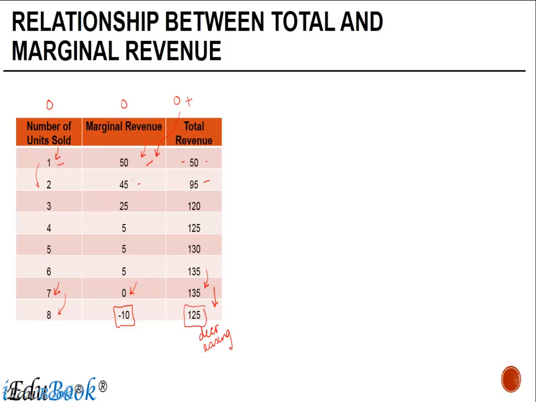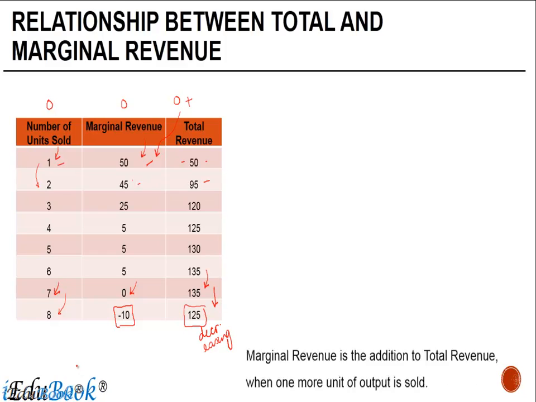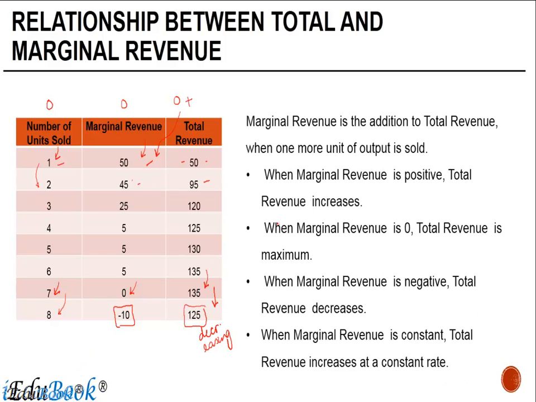So let me explain to you all these properties or the relationship between marginal and total revenue. Like I said, marginal revenue is nothing but the addition to the total revenue when 1 more unit of output is sold. So what we see is when marginal revenue is positive, total revenue increases.